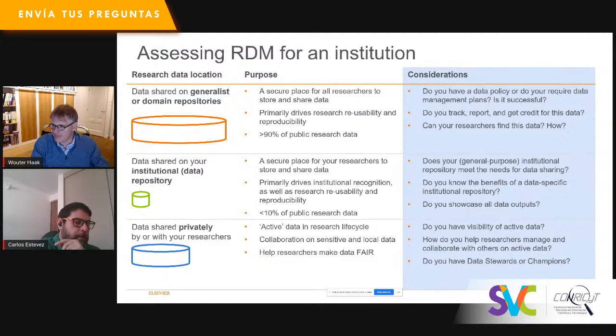Okay. So, Wouter, now we are waiting for 5G technology for mobiles, and it's going to increase data. We're talking about a real data deluge.